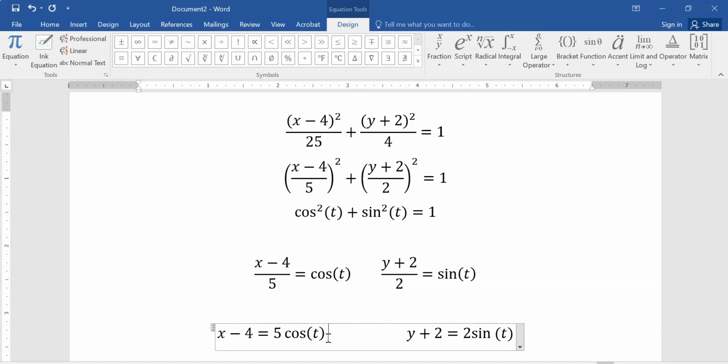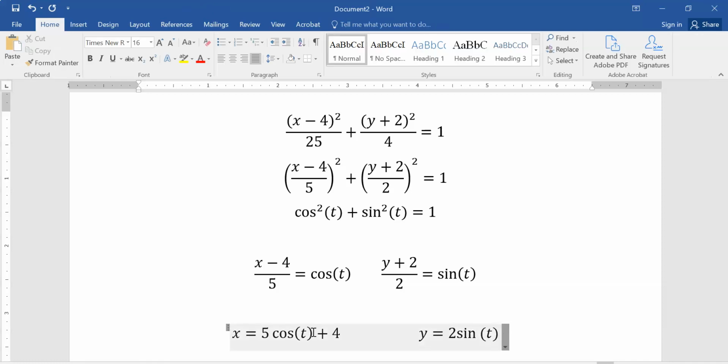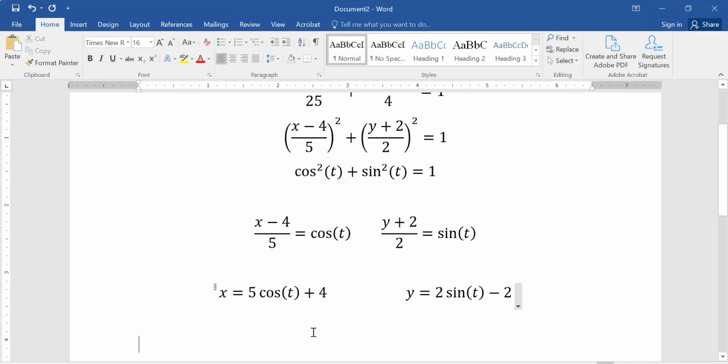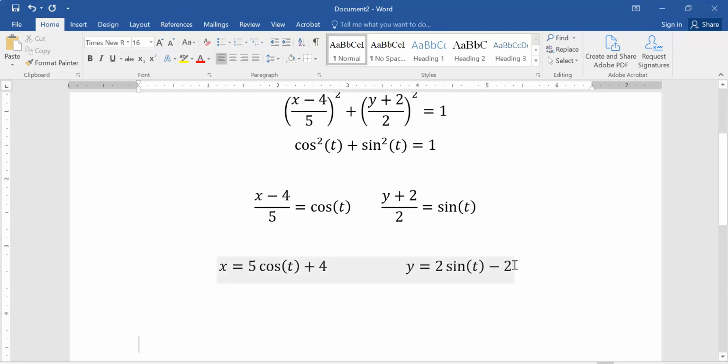Then for the x's, add 4 to both sides: 5 cosine t plus 4 is what x has to be. And if I subtract 2 from both sides of the y equation, we get y equals 2 sine t minus 2. So this pair of equations gives you your pair of parametric equations for the ellipse that I had above.